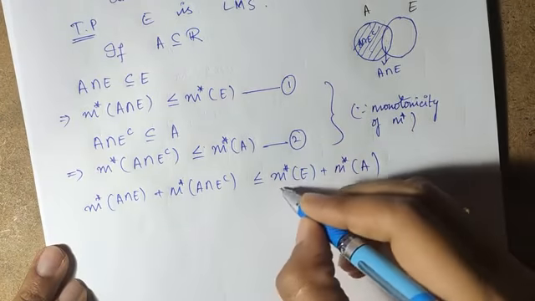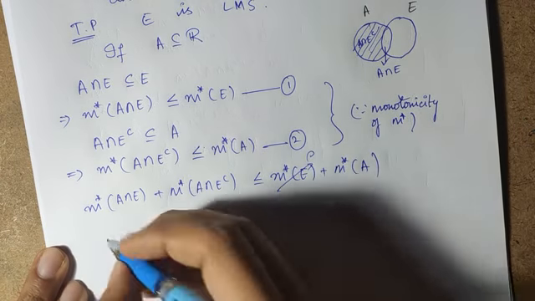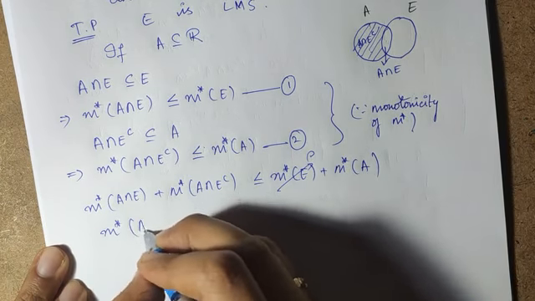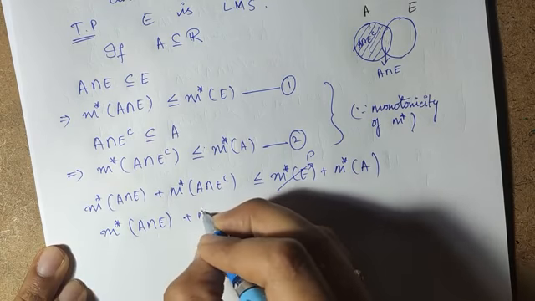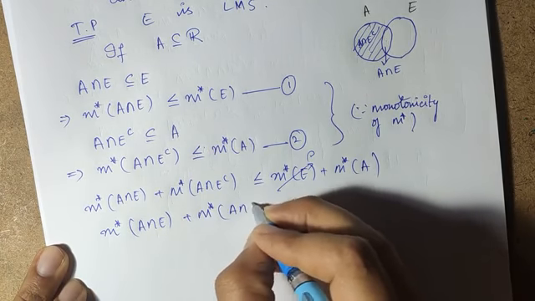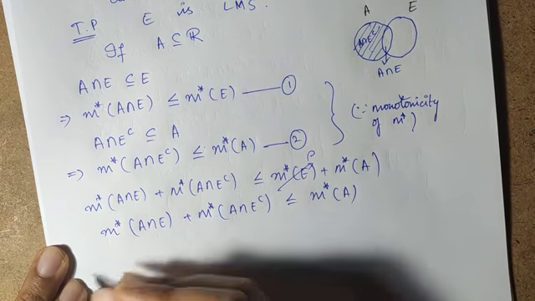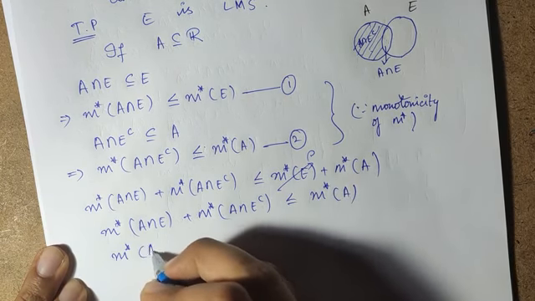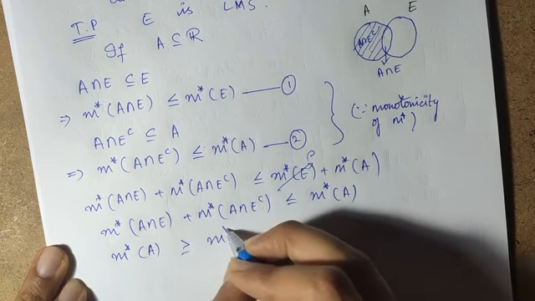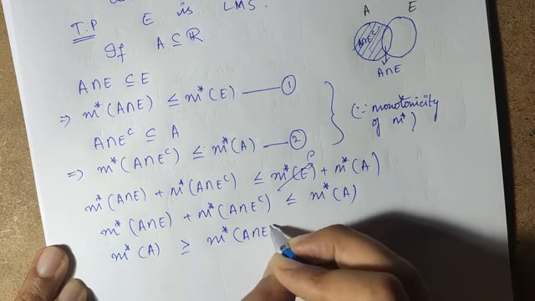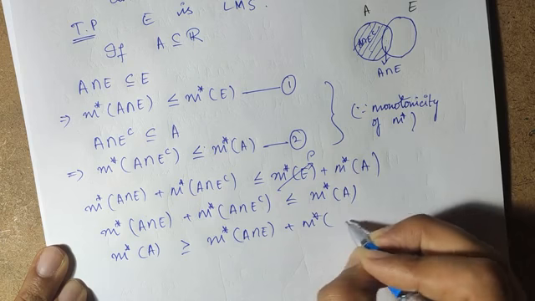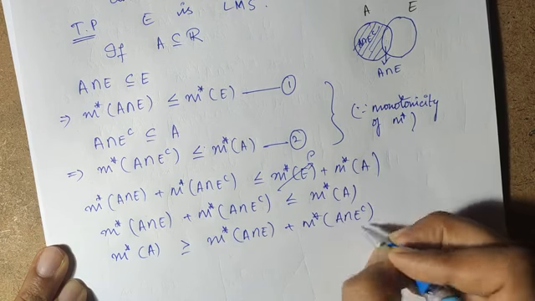So I can say this m star of E is 0. From this I can write m star of A intersection E plus m star of A intersection E complement will be less than or equal to m star of A. In other words, m star of A is greater than or equal to m star of A intersection E plus m star of A intersection E complement. I will call this inequality 3.